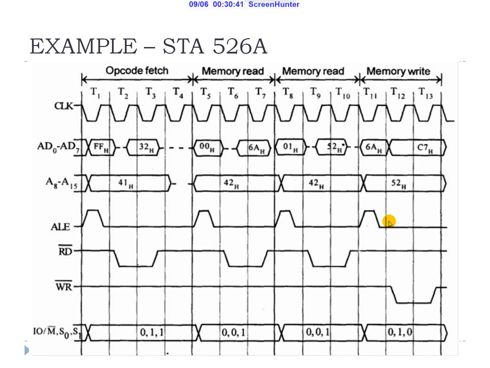This STA 526A instruction has 4 machine cycles. One is the opcode fetch, which is common for all instructions. Here you need 3 additional cycles, that is 2 memory read cycles and 1 memory write cycle.